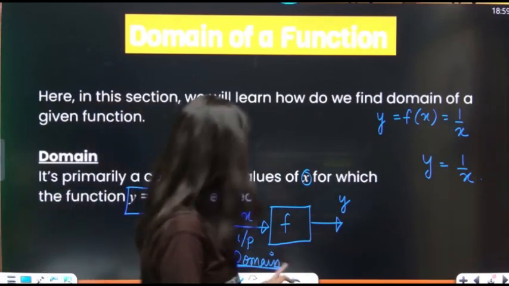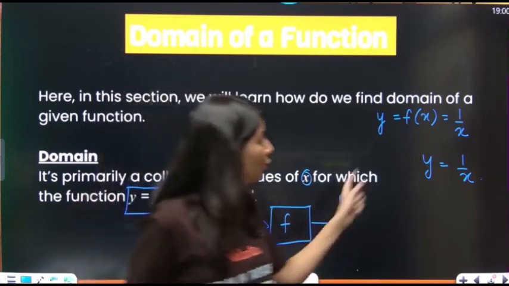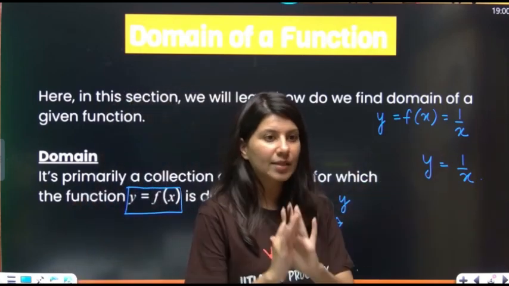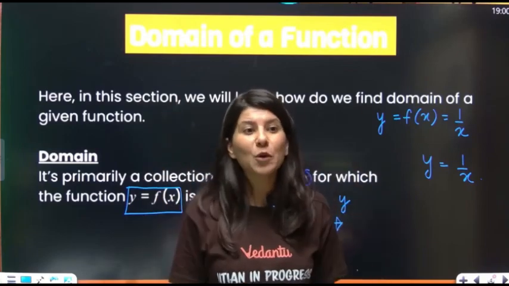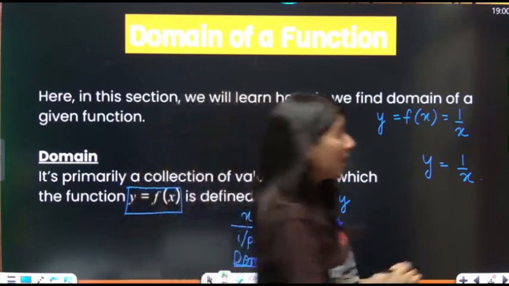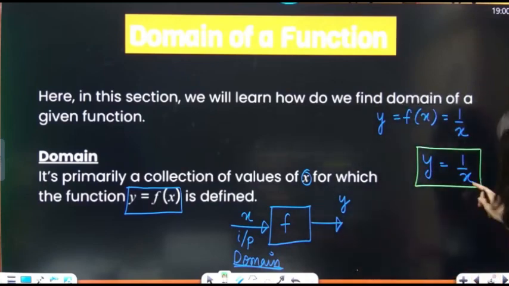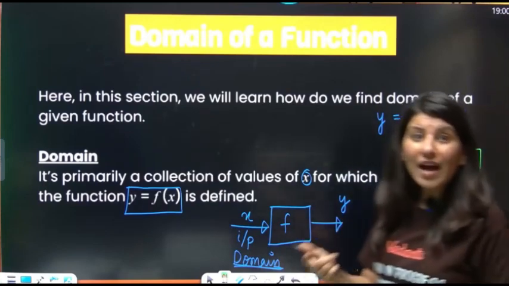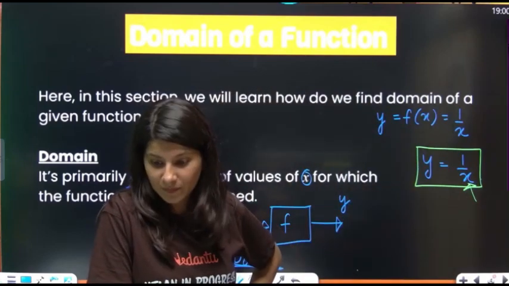Can anybody tell me? Don't think about what I should put so that it will get accepted. This is a bad idea. Think differently. Think like a topper. What should I put in place of x so that I will get a not defined output?